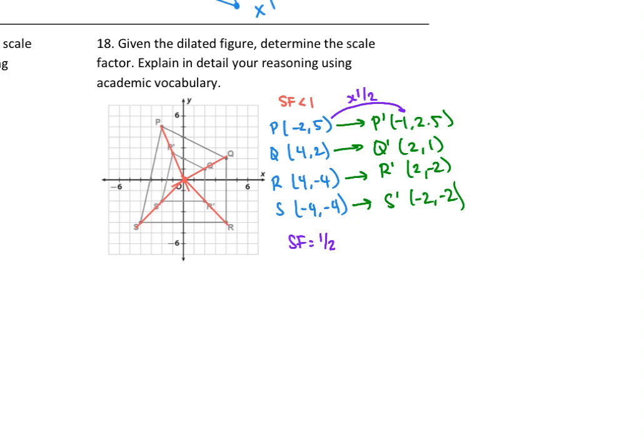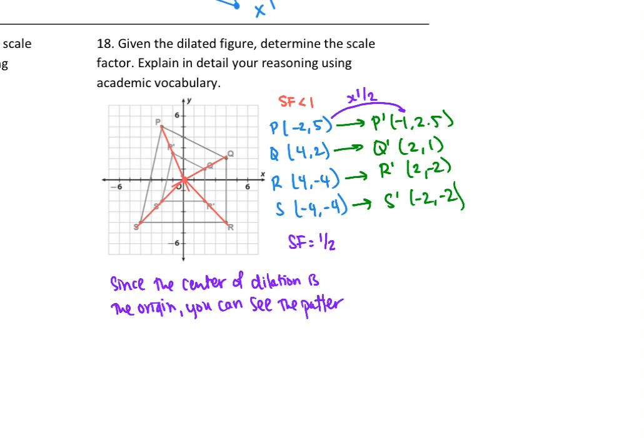So the reason I know this is kind of the same reasoning as before. Since the center of dilation is the origin, you can see the pattern is multiplying by 1/2, which means the scale factor is 1/2.